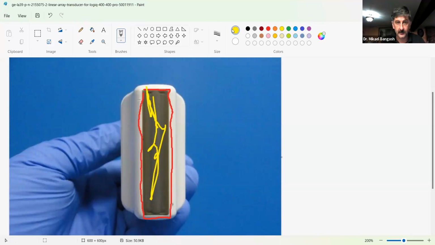But what we actually can see is this area here that is lined with the red. This area here is what we refer to as the footprint of the transducer.